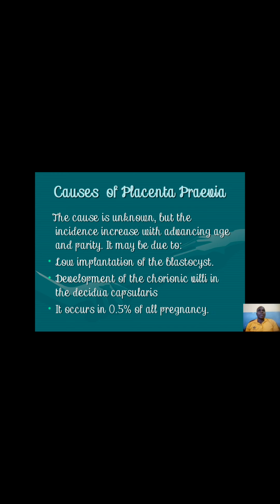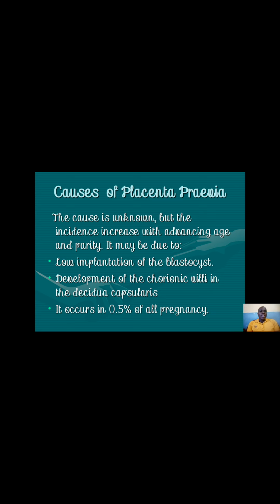Kwa if ina develop deep, tukumbuke kwamba chorionic villi means that into the placenta formation, kwa sababu chorion ni membranes ambayo ina cover the placenta. Kwa hiyo ikidevelop deep into the decidua capsularis may cause even the plantation of the placenta, ikajiplanti sehemu ambayo sio sehemu yake, ambayo ni lower part of the uterus, is anterior or posterior.